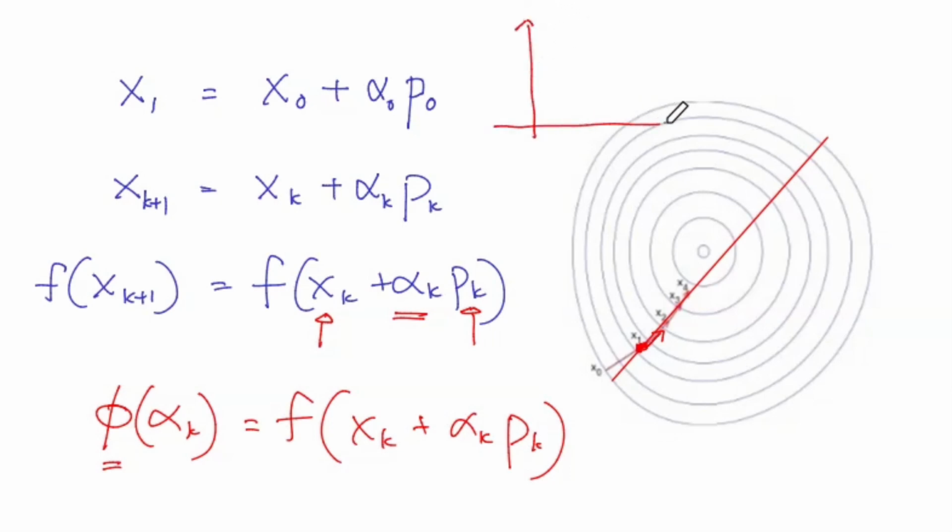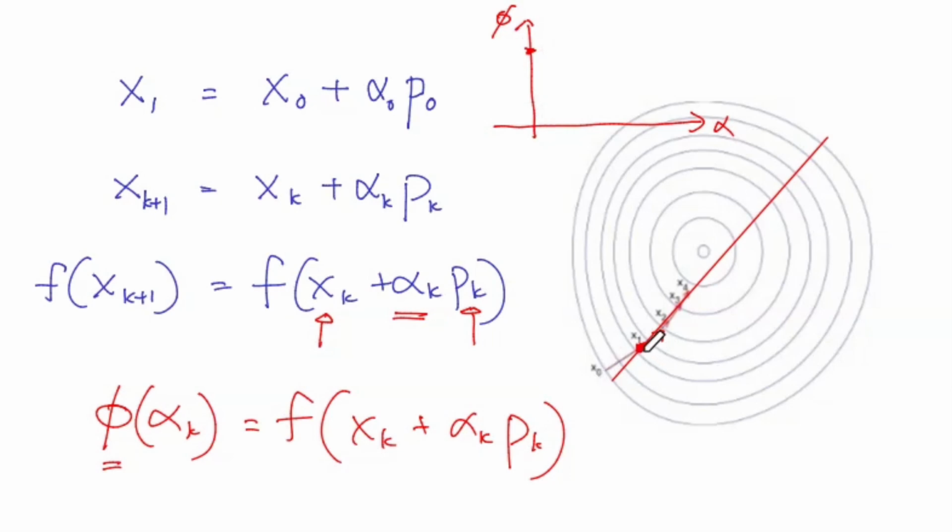Phi is a function where alpha is the variable, and phi is actually the value of the cost function. So when s equals s_1, you get this value here.